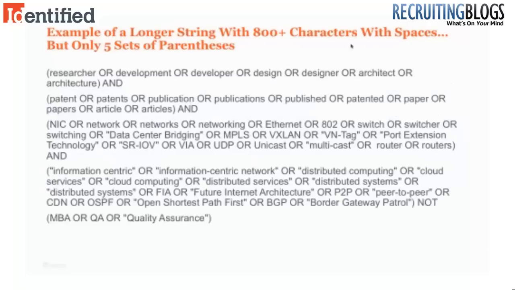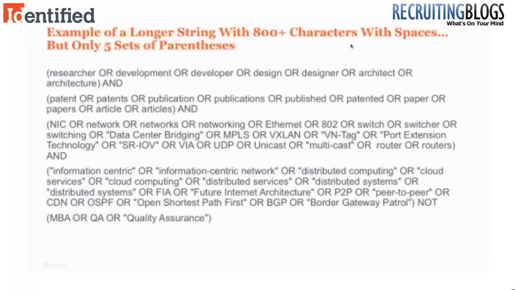This is the same keywords, but what I've done is broken this down into 5 sets of parentheses. I could have made this a lot shorter, but in the first set of parentheses, I'm putting together all words that could be in a person's job title. I try to cram as many things in there connected with the or as I can, as long as they're closely related. And the person had to have a patent.